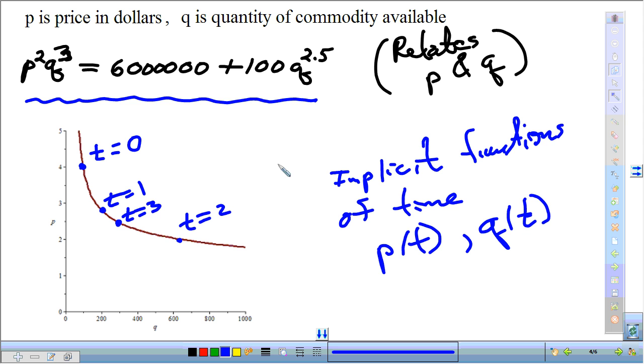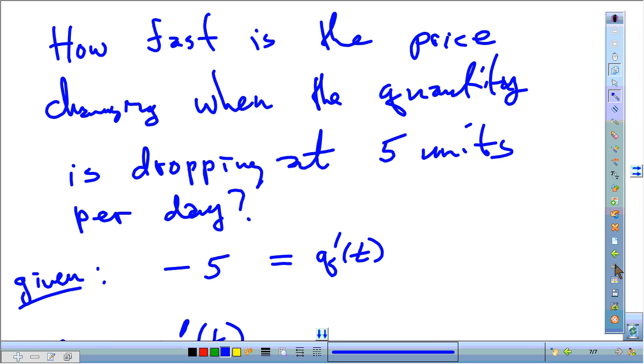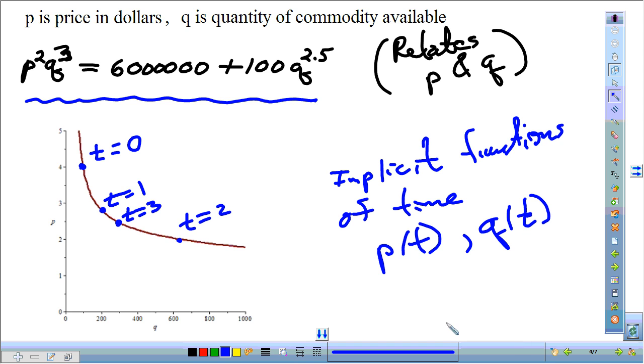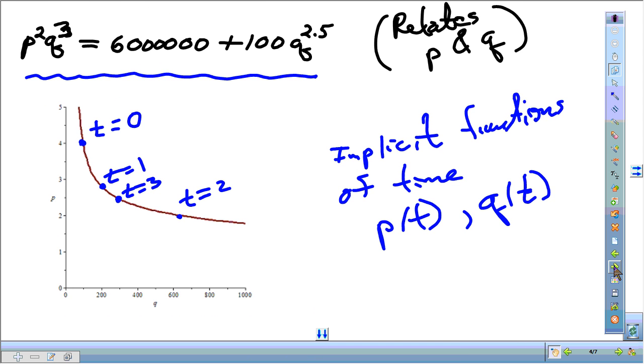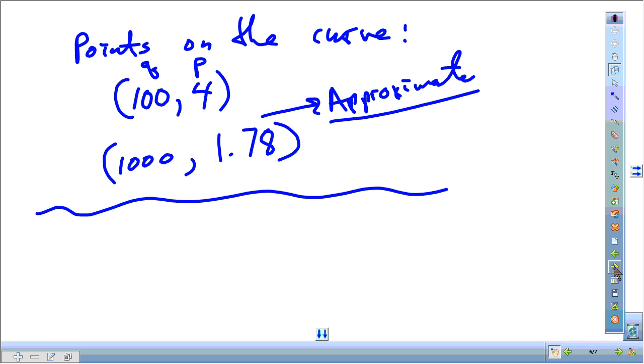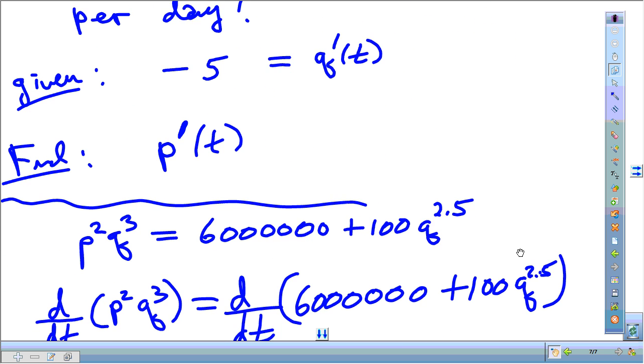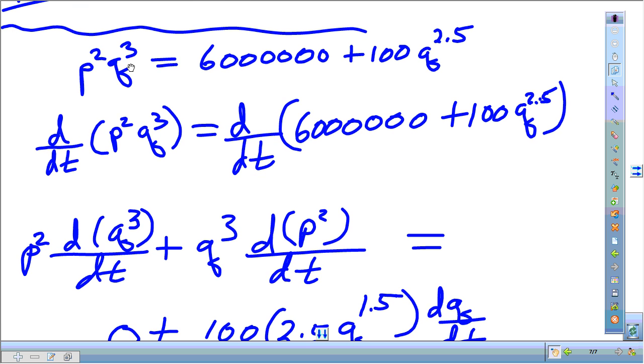So it's implicitly embedded here, P of T and Q of T. So we can take that relationship and find derivatives in time.